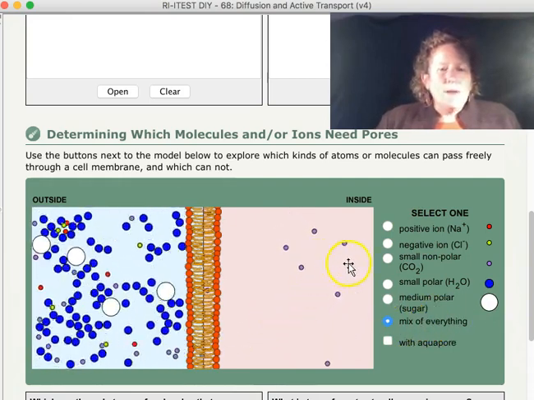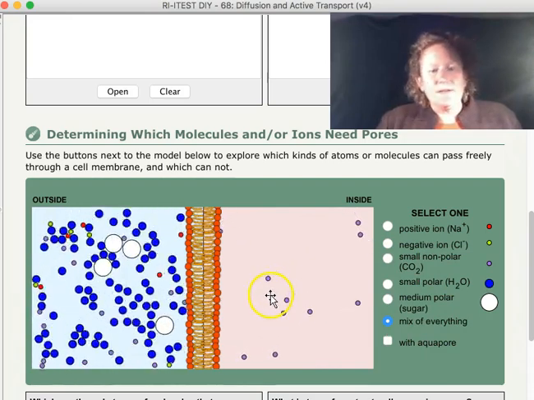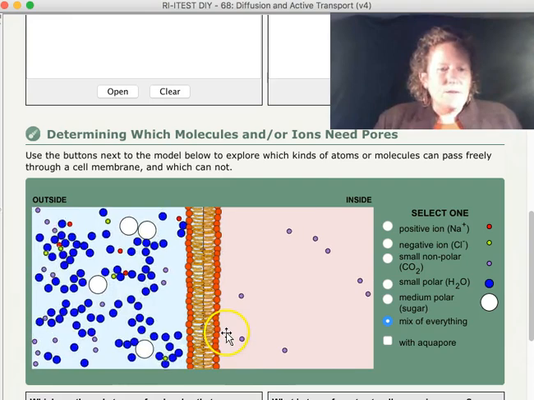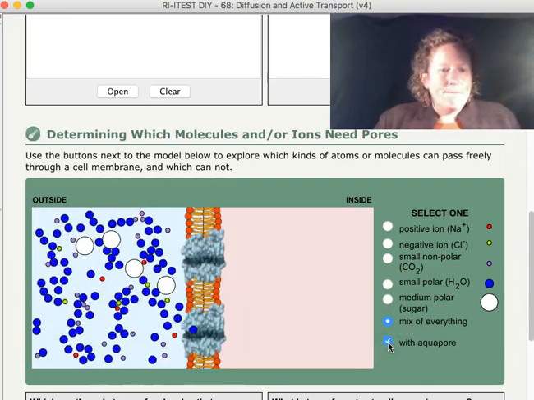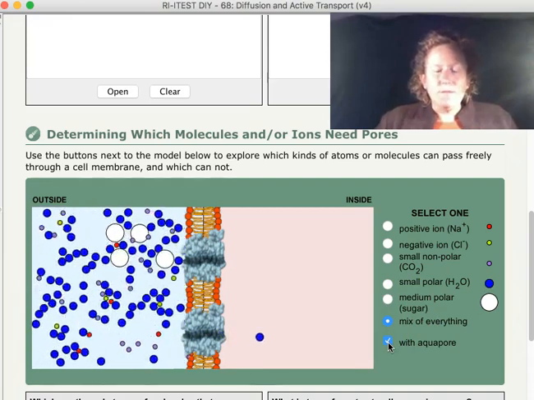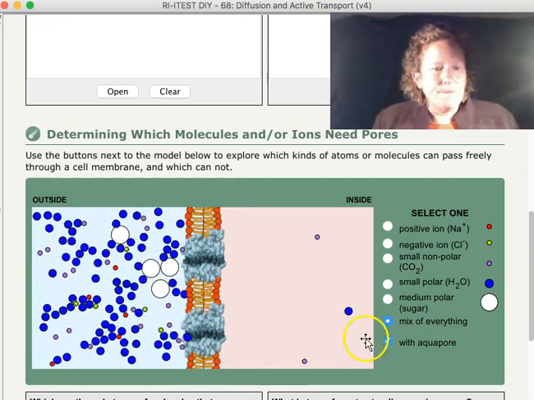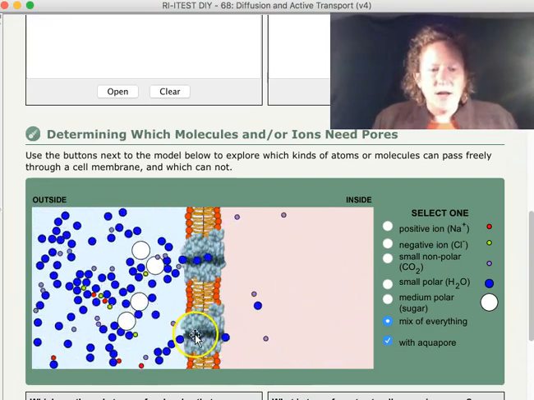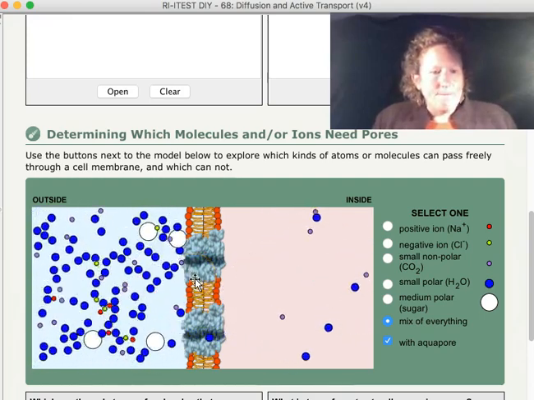Right now, only those small nonpolar molecules, only carbon dioxide, are getting through, sliding through the cell membrane without a pore. We need to add an aquapore, a protein. Remember those 4 protein sections that come together to make a channel in the membrane in order for water to get through.